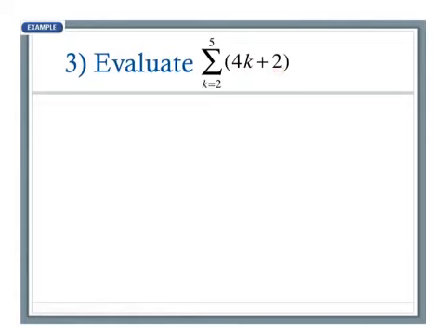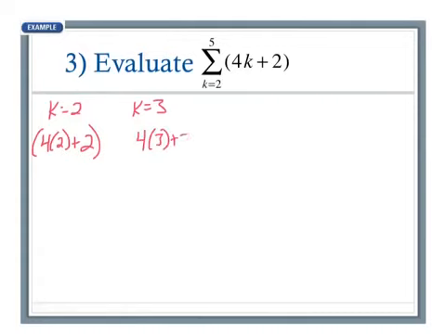So here we go. When k is equal to 2, we're going to have 4 times 2 plus 2. Then we're going to go through the integers. When k is equal to 3, we're going to have 4 times 3 plus 2. When k is equal to 4, we will have 4 times 4 plus 2.